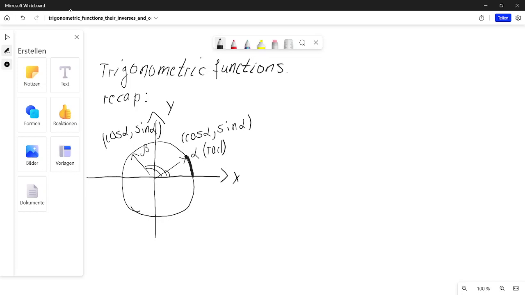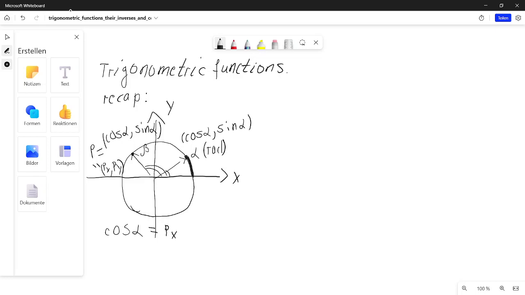That is, if we take cosine alpha, then we just take the x coordinate of the point P, where this is P, (Px, Py), this point, which is defined by this angle beta on the circle circumference.